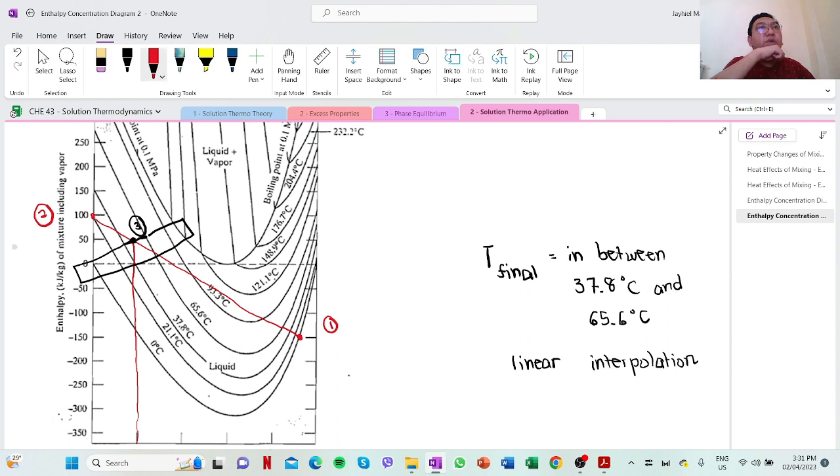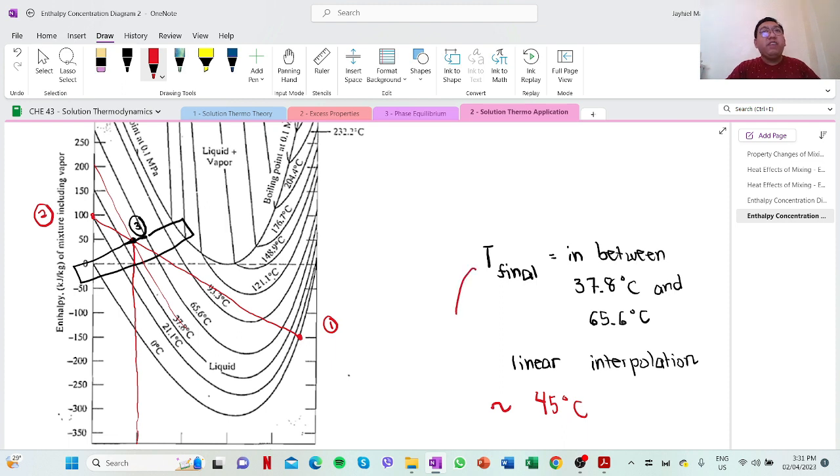So you must have an imaginary isotherm for this one because you don't have enough data. You just assume that it's in between 37.8 and 65.6. Right now I can just assume it's around 45 degrees Celsius, but actually I'm not sure.